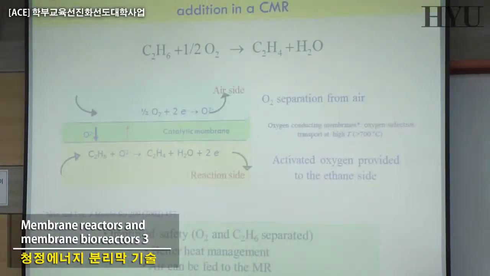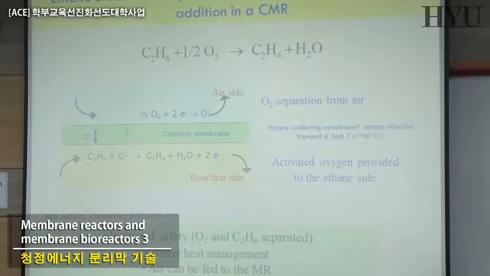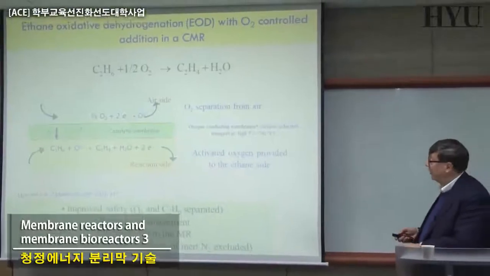The situation is that you have a membrane through which you can supply oxygen to your system, and this oxygen comes from air eventually. That is a perovskite membrane, where all the petrochemical companies decided to work.